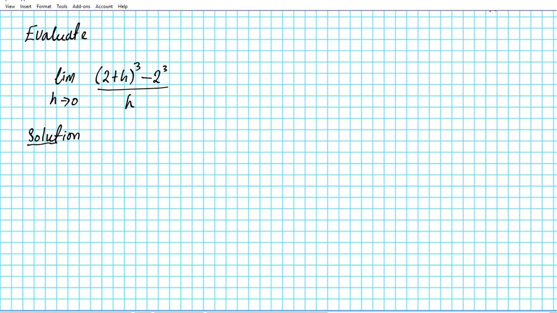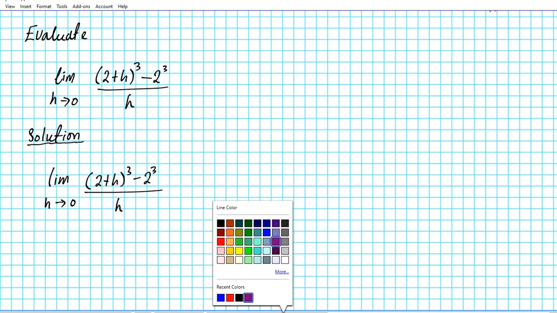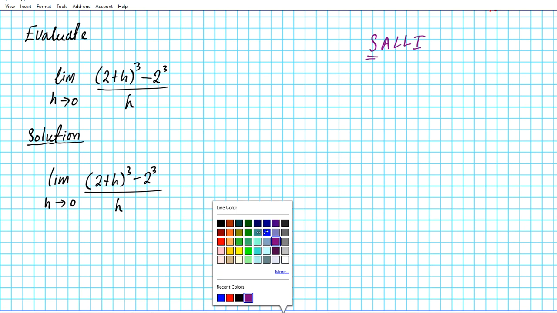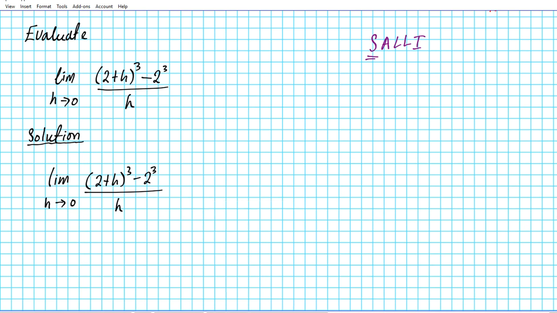Now, whenever you are finding finite limits algebraically, you know what the first step is, right? Let's go ahead and write down what the first step is. You can recall Sally. The first step is the S step, which is to substitute. You're just going to substitute what h is approaching into the h values.